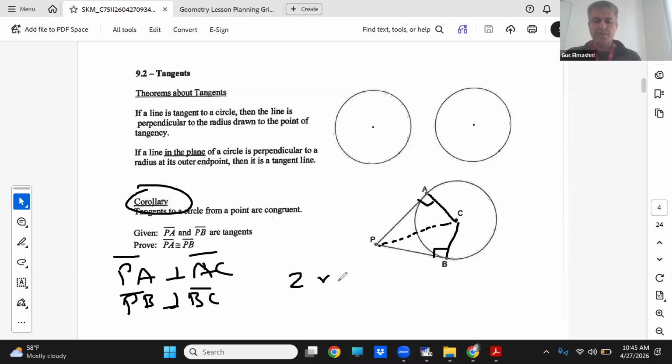So you have two right triangles. We also know that AC is congruent to BC, and PC is a shared hypotenuse.